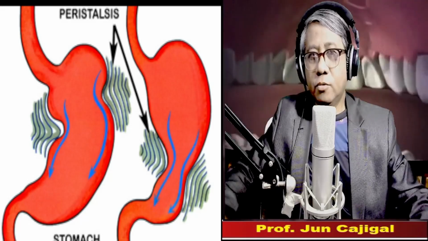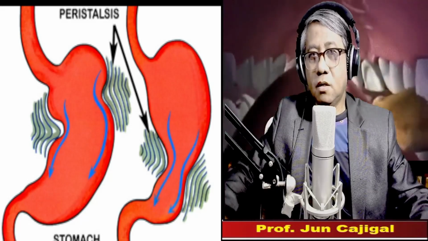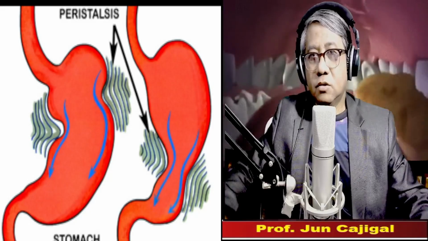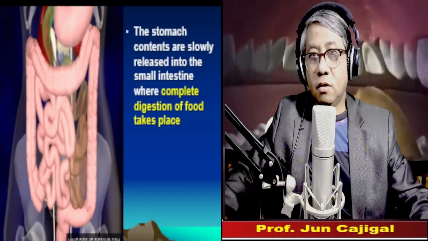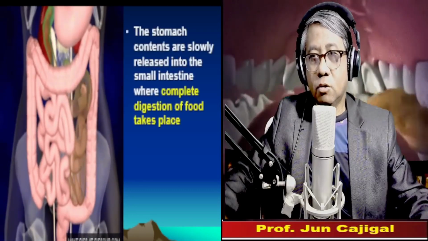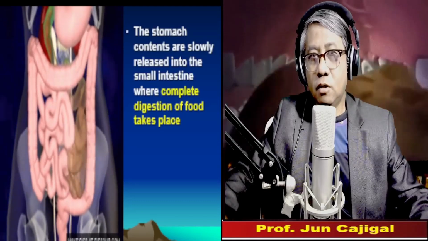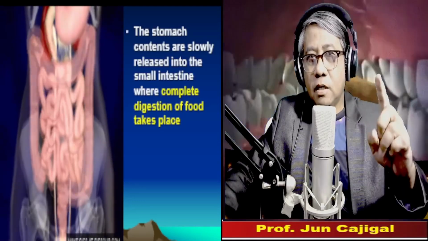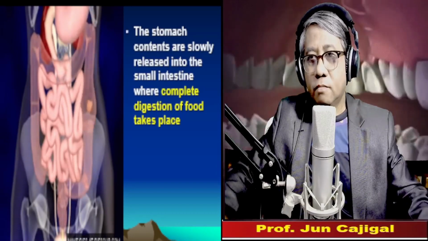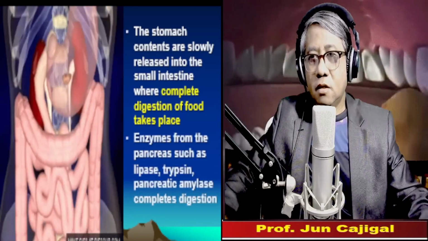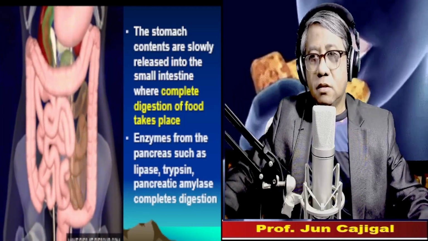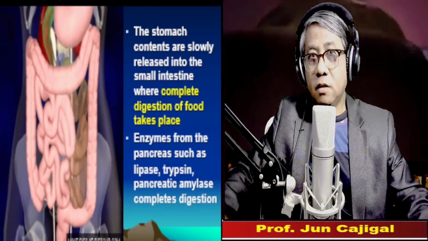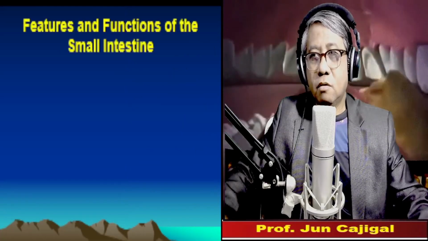Now, eventually, after several hours of stay in the stomach, the contents of the stomach, which we now call chyme, are slowly released into the small intestine, where complete digestion of food takes place. Enzymes from the pancreas such as lipase, trypsin, and pancreatic amylase complete the digestion of food.